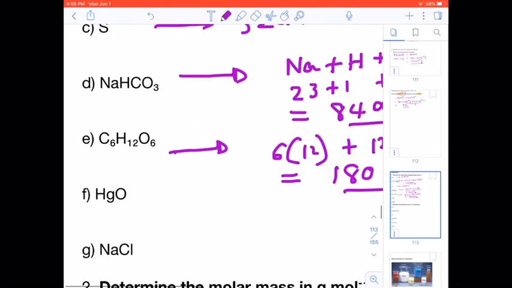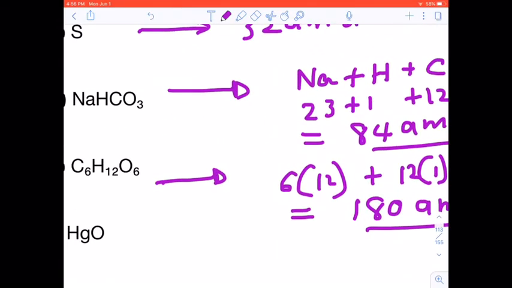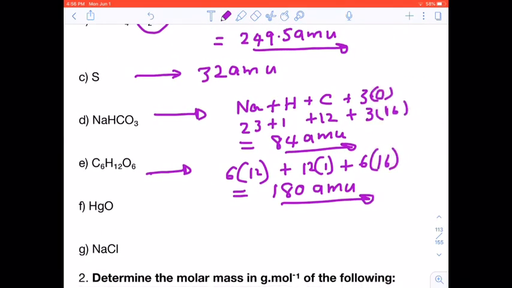So mercury, we would then have, right, mercury is equal to, then if you look at this, right, mercury would be 201 AMU, and plus oxygen is 16 AMU, which then gives us 217 AMUs.